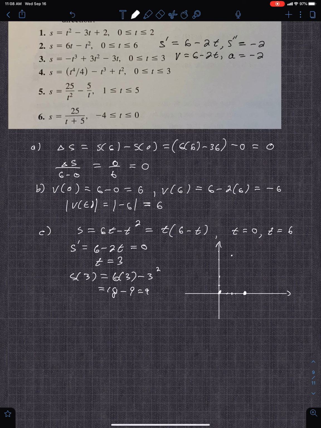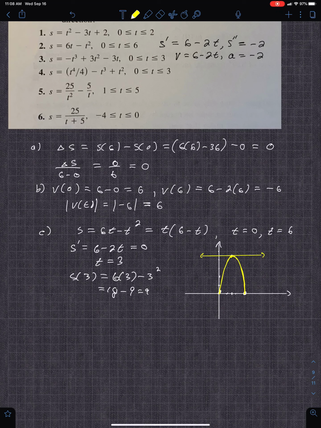So here's your graph going up and then back down like that. We know it's a parabola, so it's doing that. And that's it. So you have this horizontal tangent right there where it changes direction, where the velocity is 0.